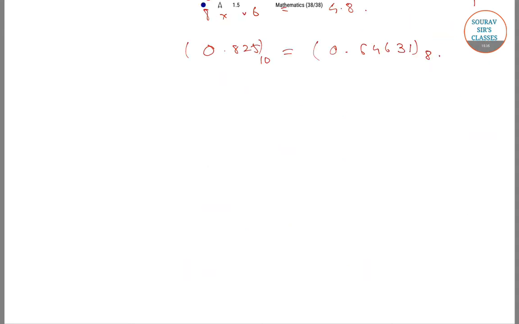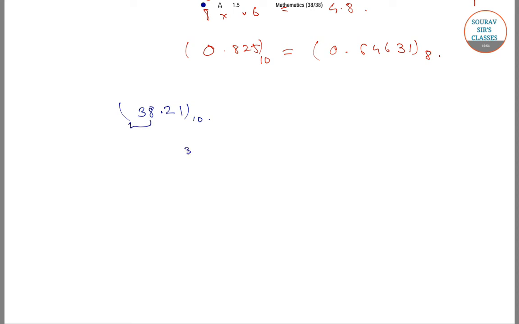Next, suppose we have to convert a number which has both integer and fractional parts, like 38.21, which is in the decimal system, into the binary system. First we convert the integral part.